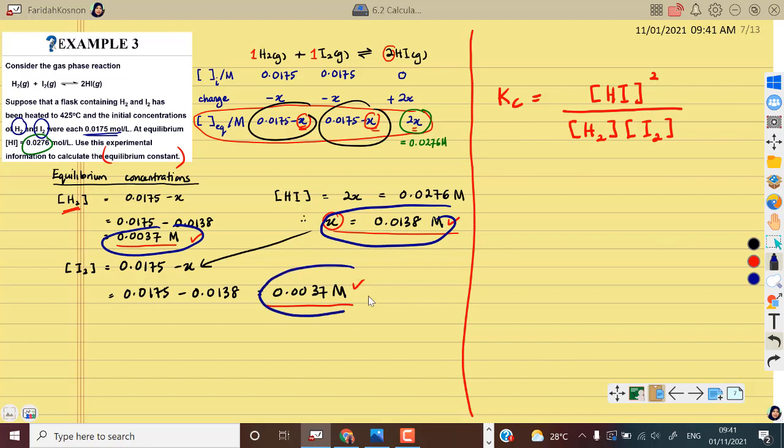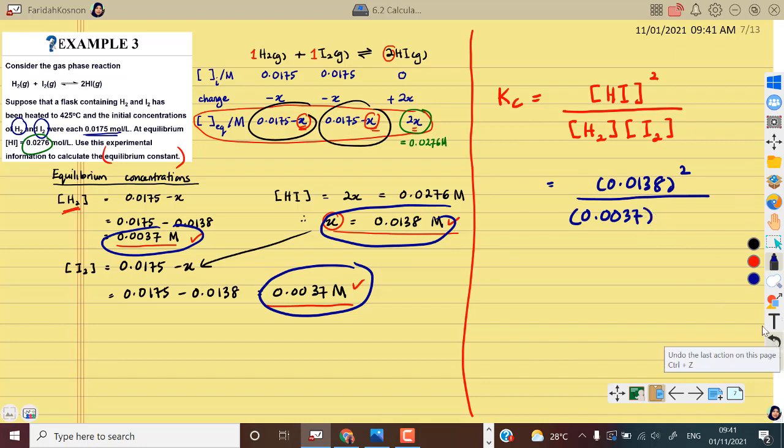Gantikan, substitute with the equilibrium concentration yang kita baru kira tadi. Okay, jangan salah substitute ya. Okay, gantikan betul-betul. So this one is hydrogen iodide 0.0138 power of 2 divide by yang bawah ni, 0.0037 molar, bukan power of 2, saya buat satu-satu, times 0.0037 juga.